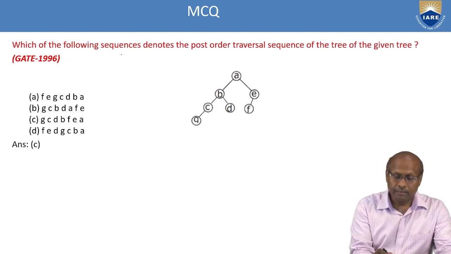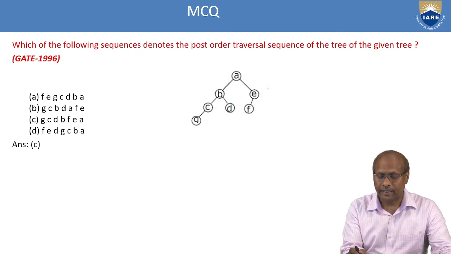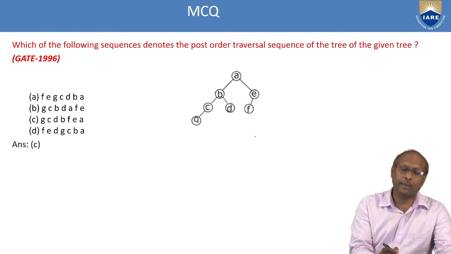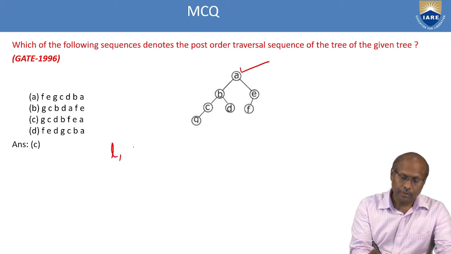Which of the following sequence denote the post-order traversal for the given tree? If the tree is given, what is the post-order traversal? Post-order traversal says, means what? The A will be always coming last because left, right, and the root. So the root will be coming last.